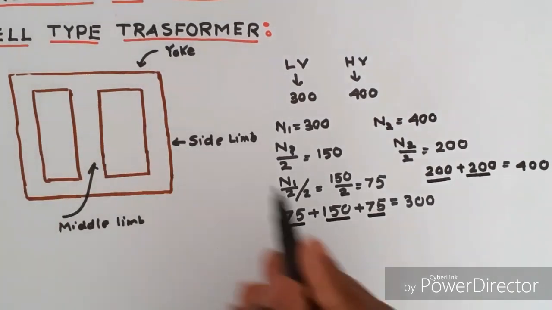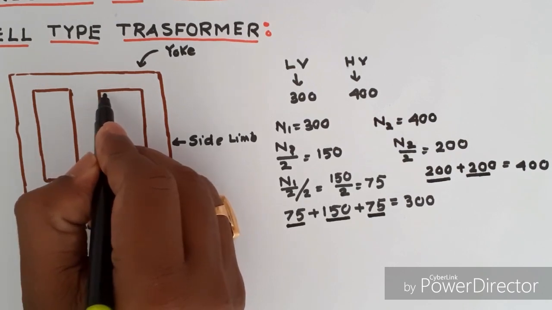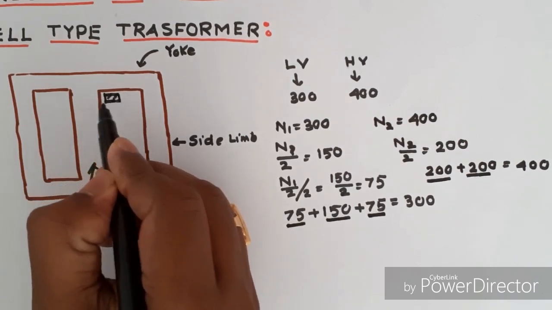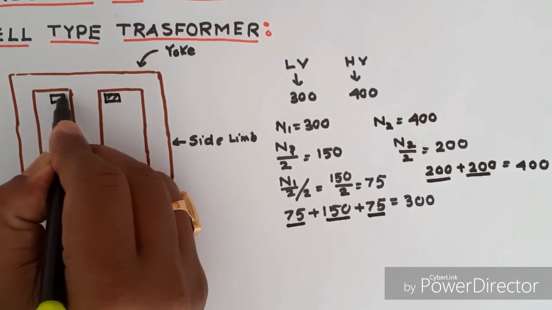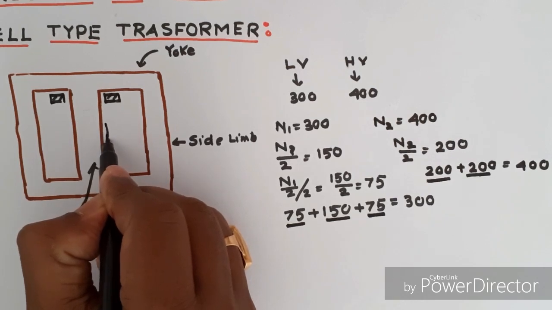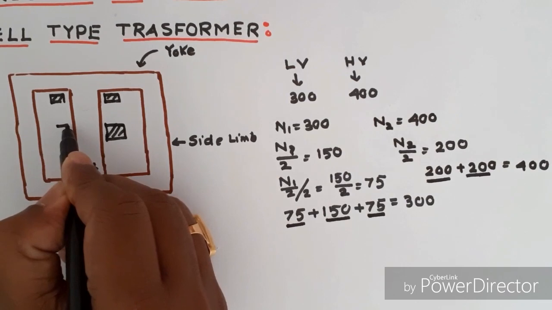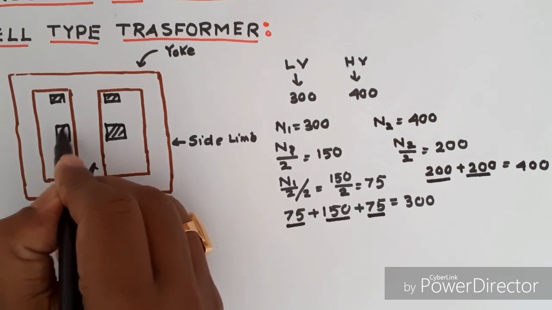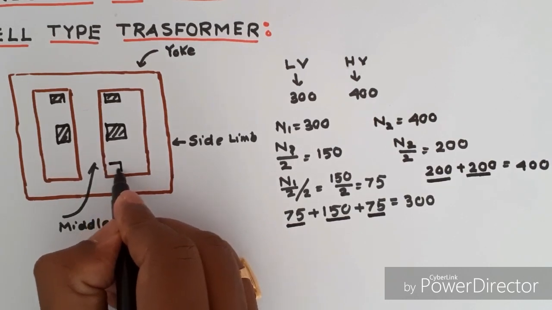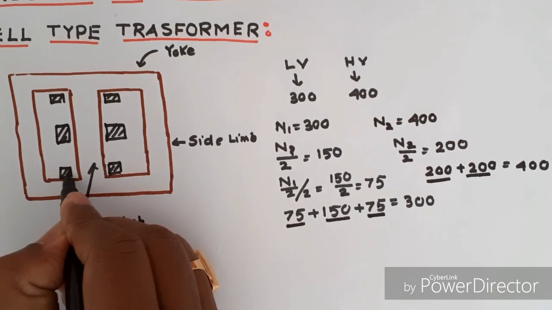First, we place the LV winding near the upper yoke. That is the upper LV winding, and there is the middle LV winding, then the lower LV winding.